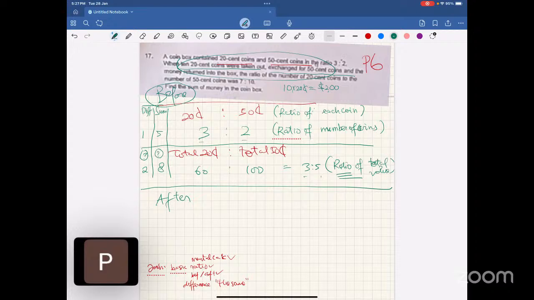So how many coins will there be? You have $2. You're exchanging it for 50-cent coins. So what is going to happen?